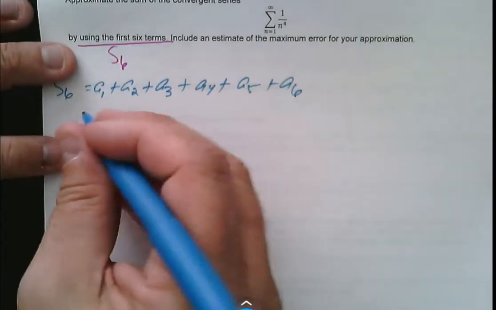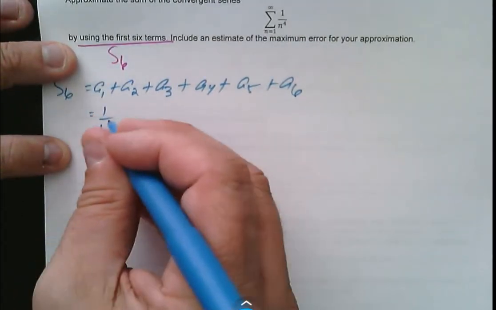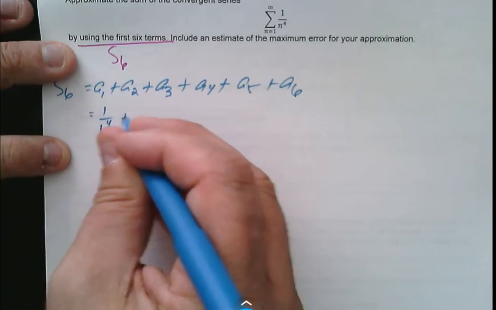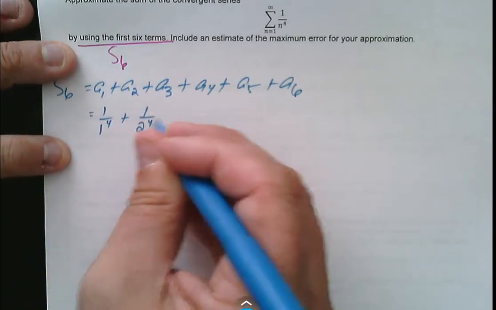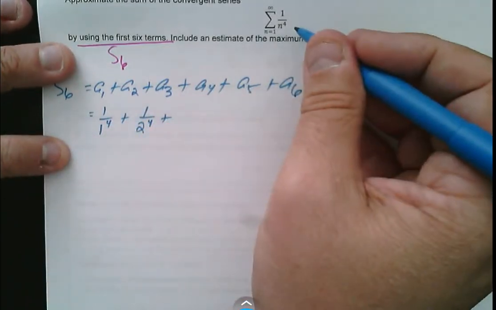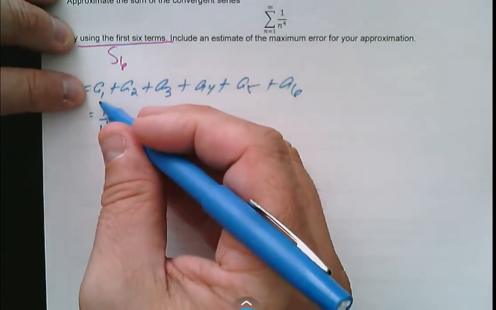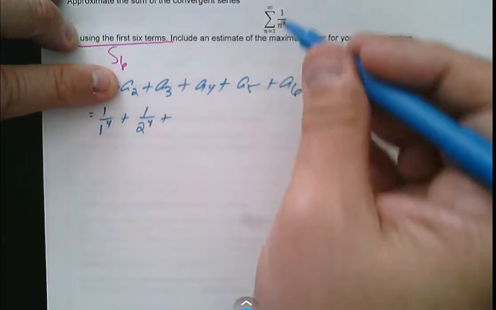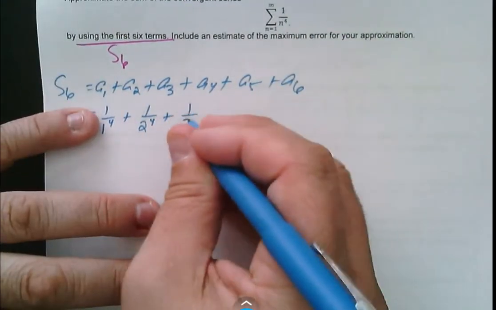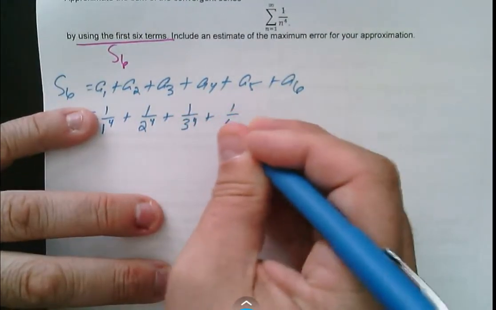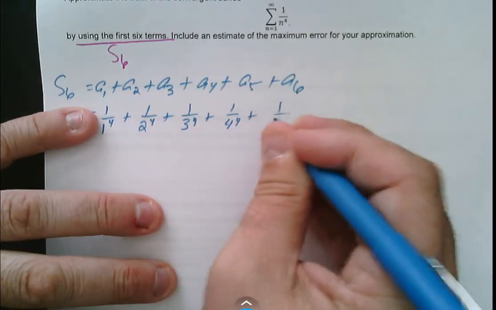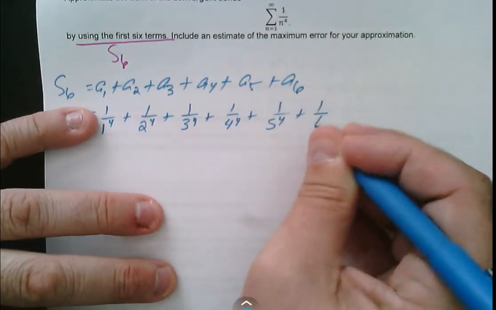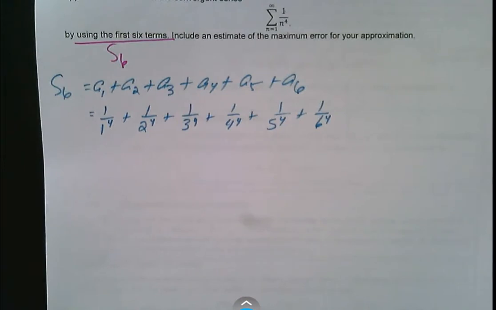plus the 5th term plus the 6th term. That is 1 over 1 to the 4th. Plus 1 over 2 to the 4th. If you're wondering where these are coming from, n equals 1, 1 over 1 to the 4th. n equals 2, 1 over 2 to the 4th. 1 over 3 to the 4th. 1 over 4 to the 4th. 1 over 5 to the 4th. 1 over 6 to the 4th.